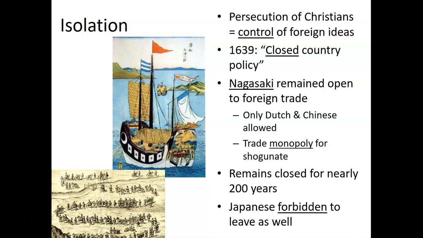And part of that is because of the introduction of technology such as firearms and cannon by the Europeans, so that even though they're restricting themselves and isolating themselves just like the Chinese, they're going to be able to take off much more quickly and lead themselves into an industrialized age. But again, that's for another time in this course.